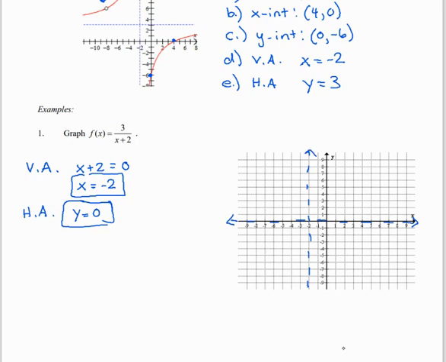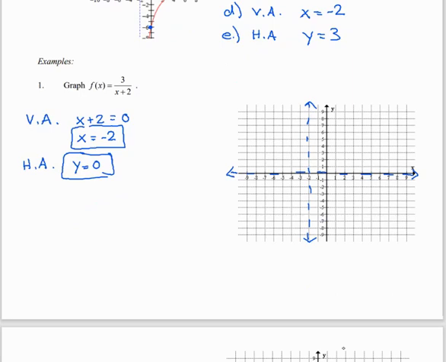Okay. So now that we have that, I'm going to make a table of values, and my table of values is going to be based upon the vertical asymptote. We just have one, so that's really nice. That vertical asymptote is at -2. We don't have an ordered pair; it's undefined at -2. Notice that I put that in the middle of my graph because, just like when we graphed exponentials or logarithms or quadratics, we base our graph around some key points.